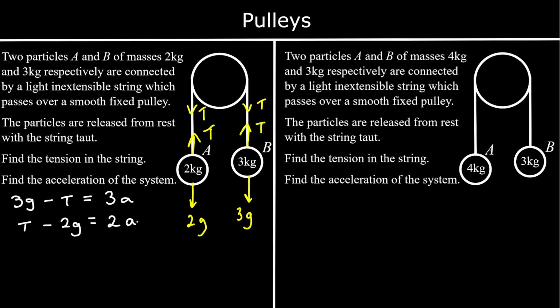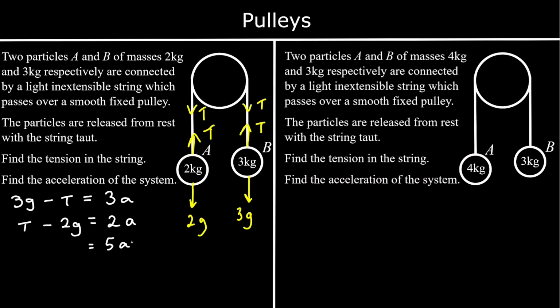So I've got two equations with two unknowns. Remember, G is a constant, it's not an unknown. And we're going to solve them simultaneously. If you rearrange it, you could just type it into the calculator. But if we add the two equations, for the right side, 3A and 2A make 5A.